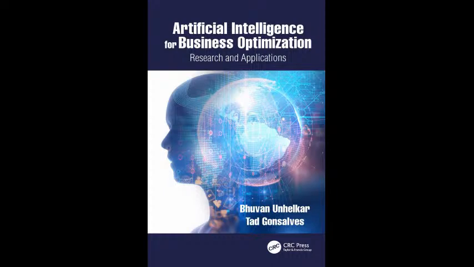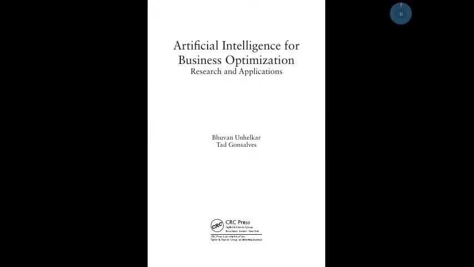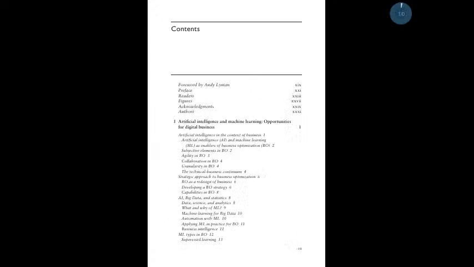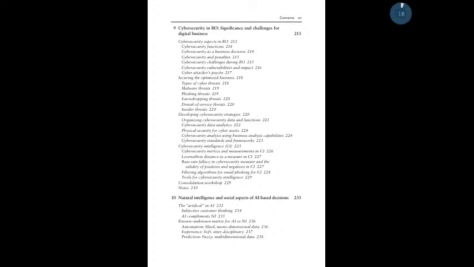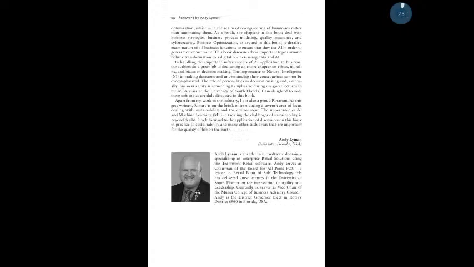And here is the research paper from a conference. And in this, I will try to concentrate only on the chapter we need, talking about the use of artificial intelligence for business optimization. So for BO, okay, BO, business optimization.